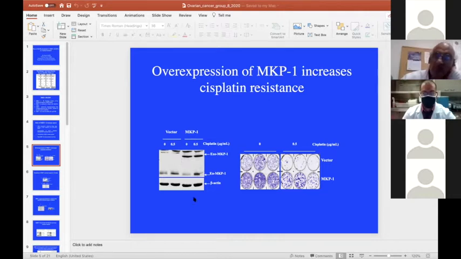Then we looked at cell survival using a colony formation assay. The treatment we used, 0.1 and 0.5, is pharmacologically achievable clinically in patients. We show that overexpressed MKP1 can increase colony formation compared to control vector cells.